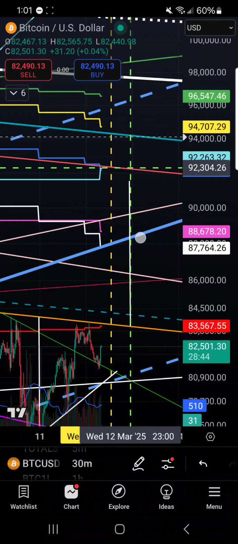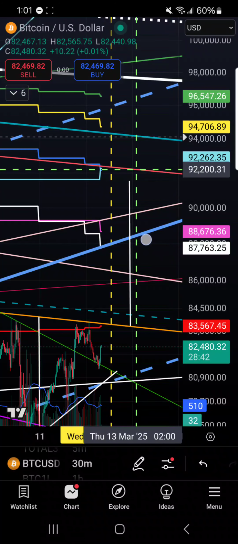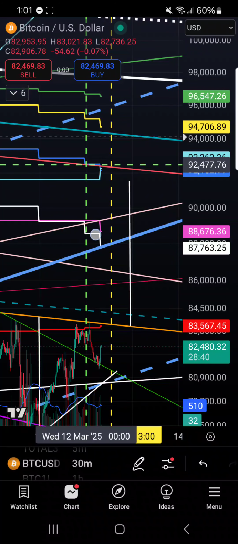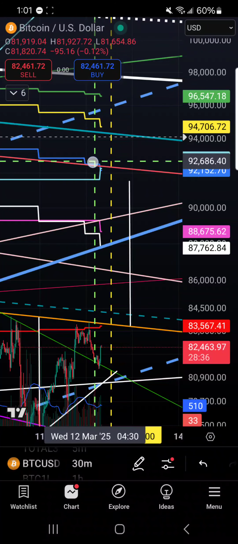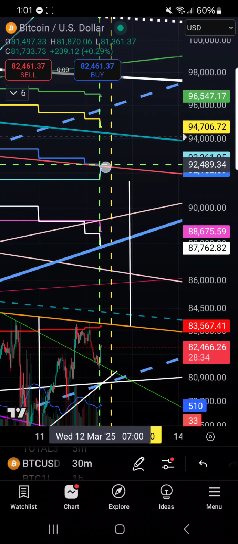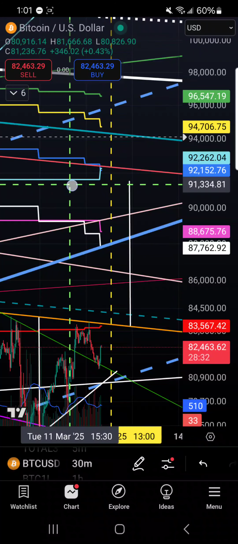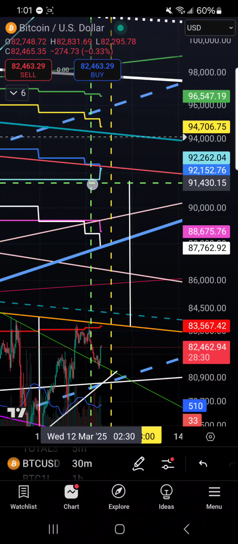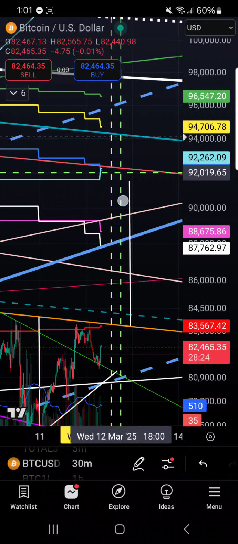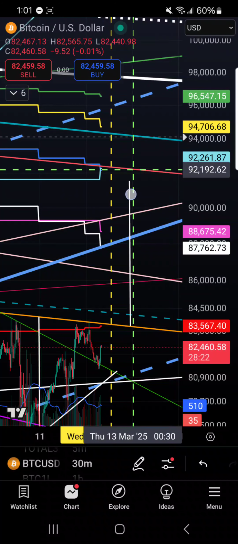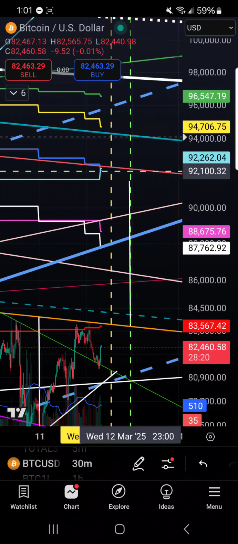So the target here is up around 91,500. I say it brings us up to this red line here, which also coincides with the 55-day exponential moving average here in blue, stepping down, and also the 21-week simple moving average in the light aqua color there. Those are both converging right here at the target of our inverse head and shoulders pattern.